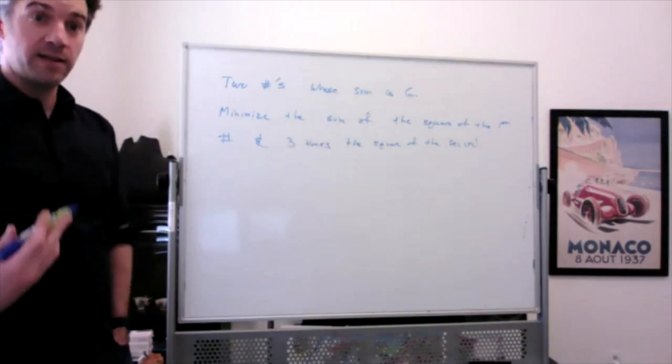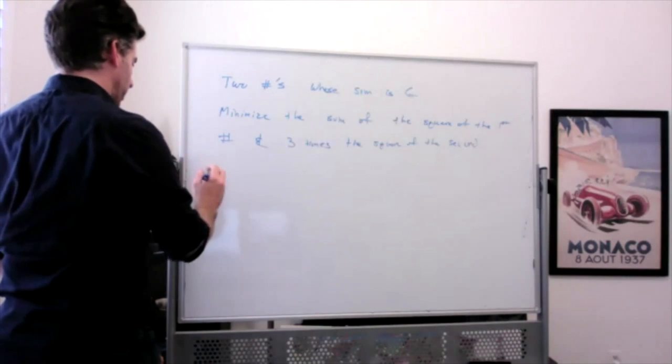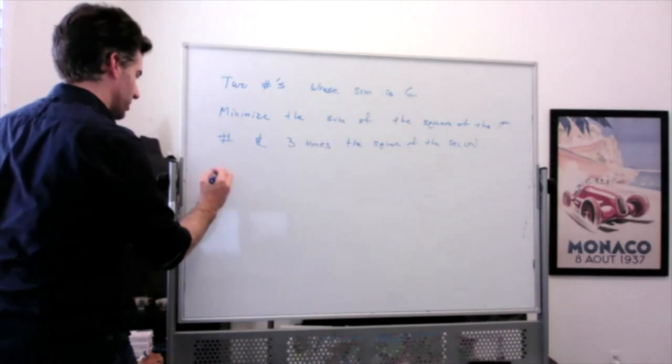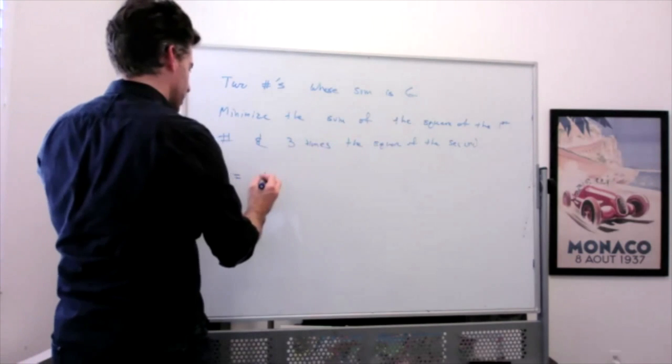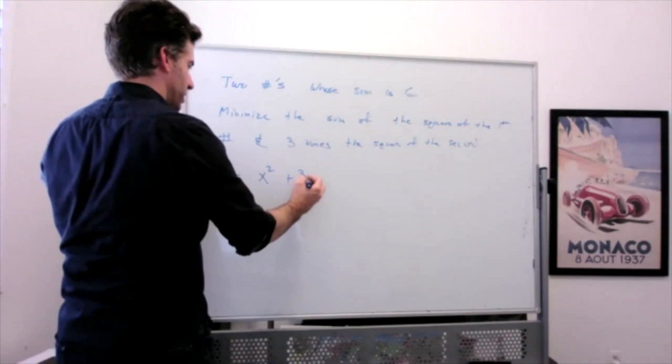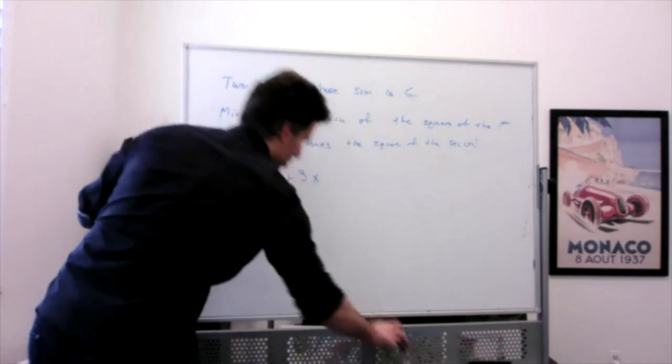So here's what we're trying to minimize. We're trying to minimize this sum. I'll just call it a sum. It's the sum of the square of the first number plus 3 times the square of the second number.